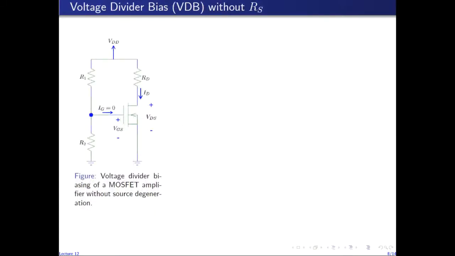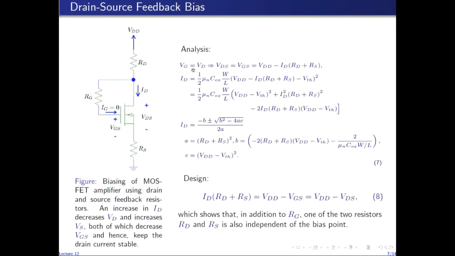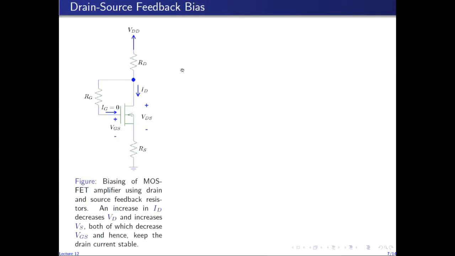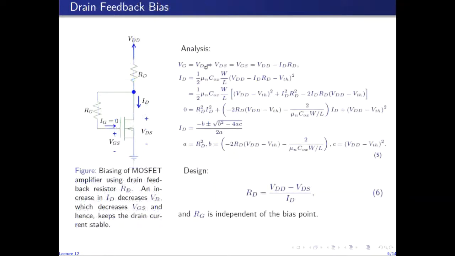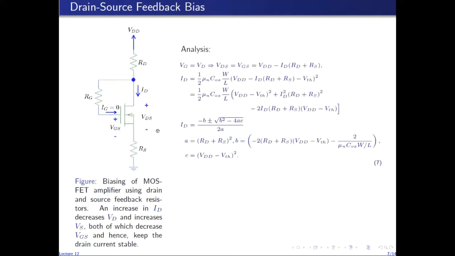The next scheme is a voltage divider biasing network without source degeneration. So in the previous schemes, for example, in this one and in this one, the control over the gate voltage is not very well defined. The gate to source voltage is the same as the drain to source voltage, and in this case as well.